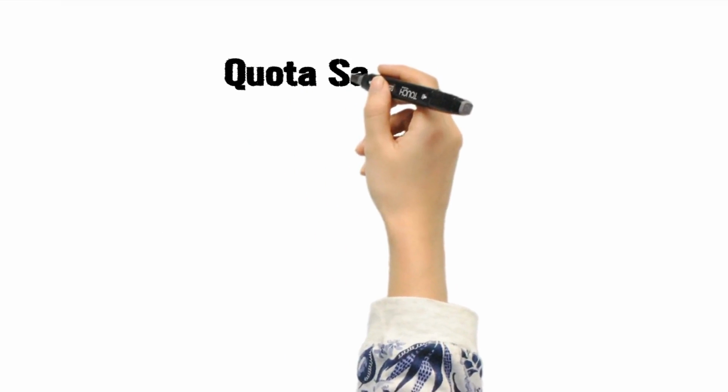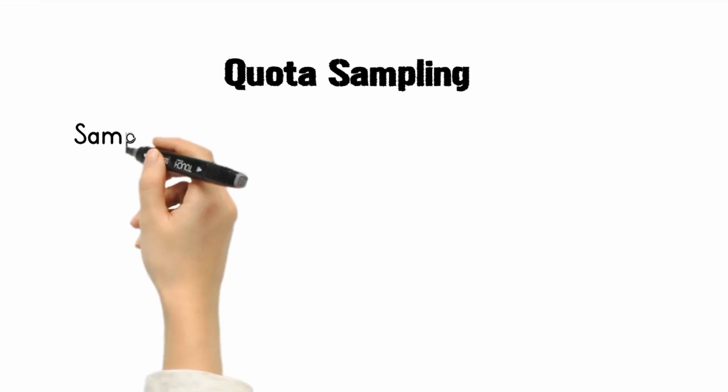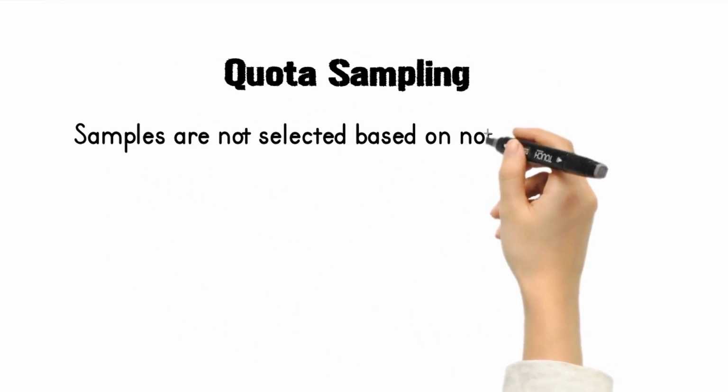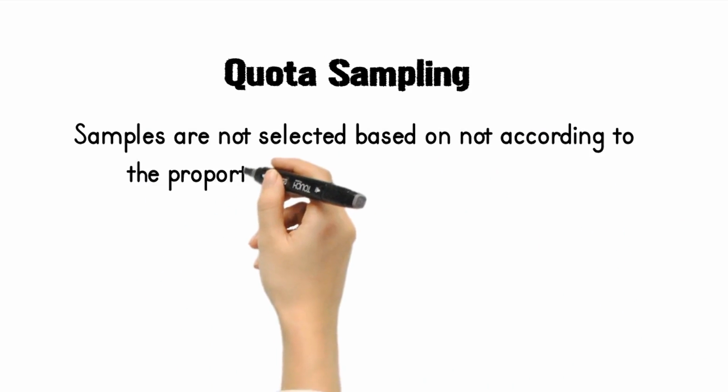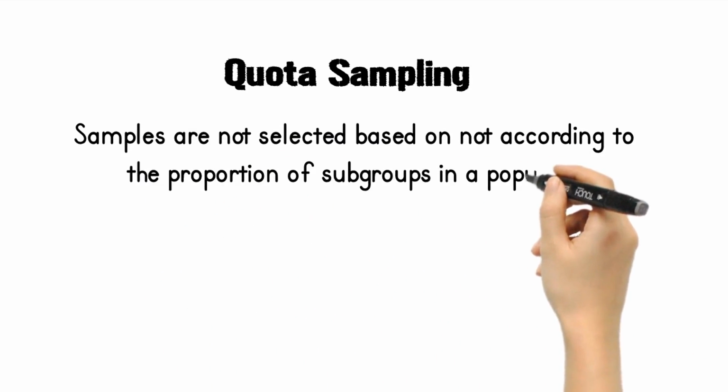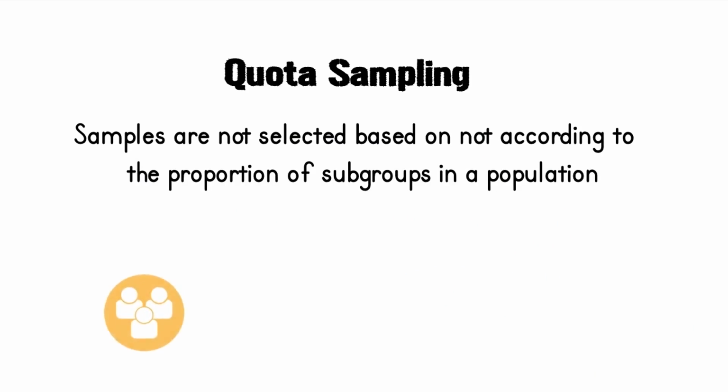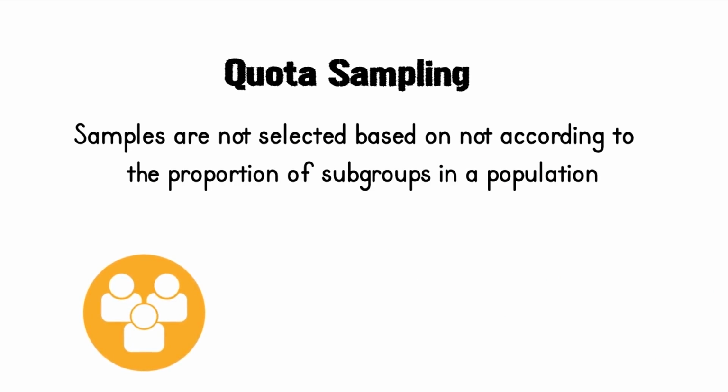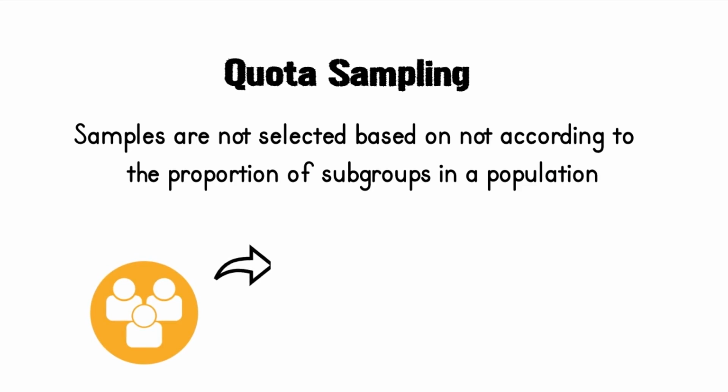For quota sampling, the researcher selects participants by dividing the population of interest into strata, or groups of individuals that are similar in some way that is important to the response. In this case, it might look similar to stratified sampling, yet the main difference is that in quota sampling the selection of samples is not according to the proportion of subgroups in a population.